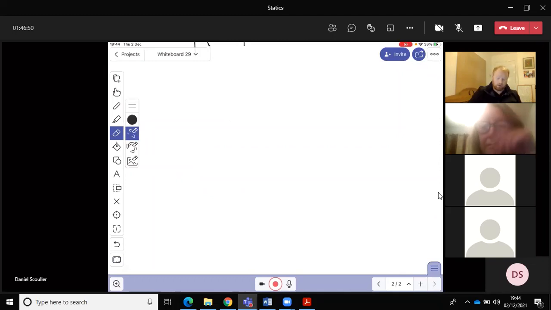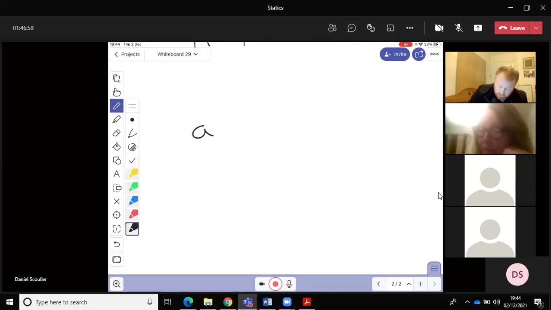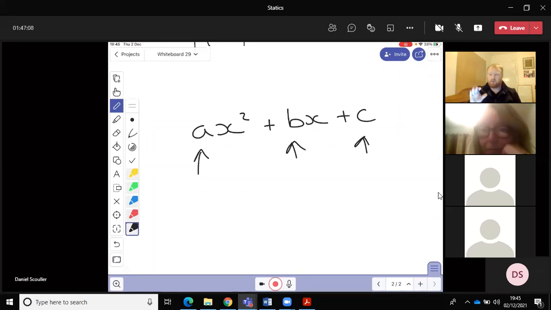So simple, we've got a trinomial in the format ax squared plus bx plus c. Remember a, b, and c are just holders for different numbers, different numbers in front of that x squared, or in front of any of the terms.